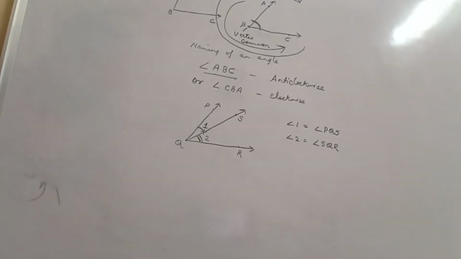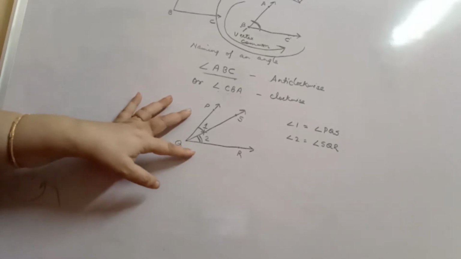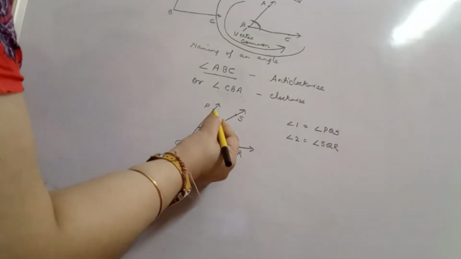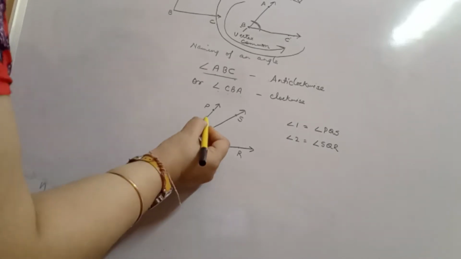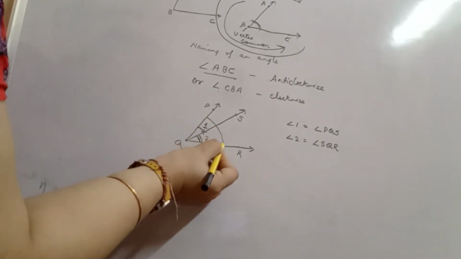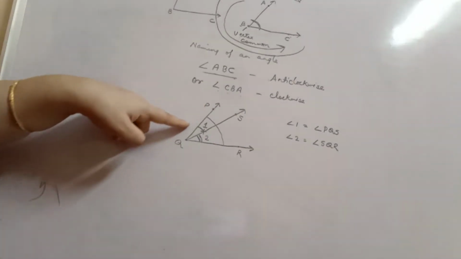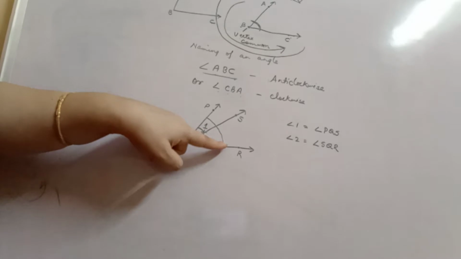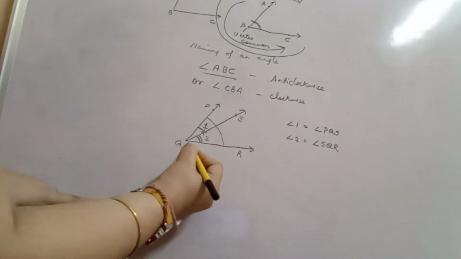Now is there any other angle which is forming? If I start from PQ and move till QR, I am starting from PQ and moving till this ray.